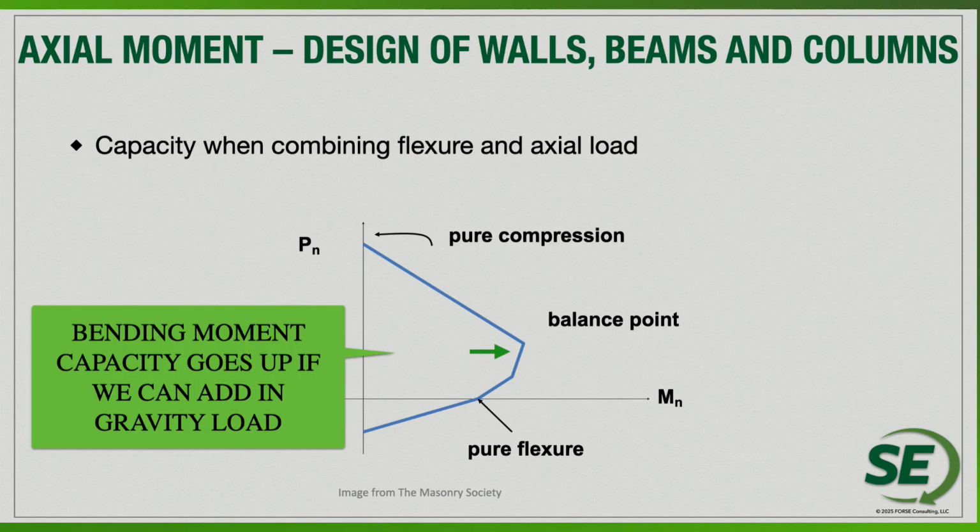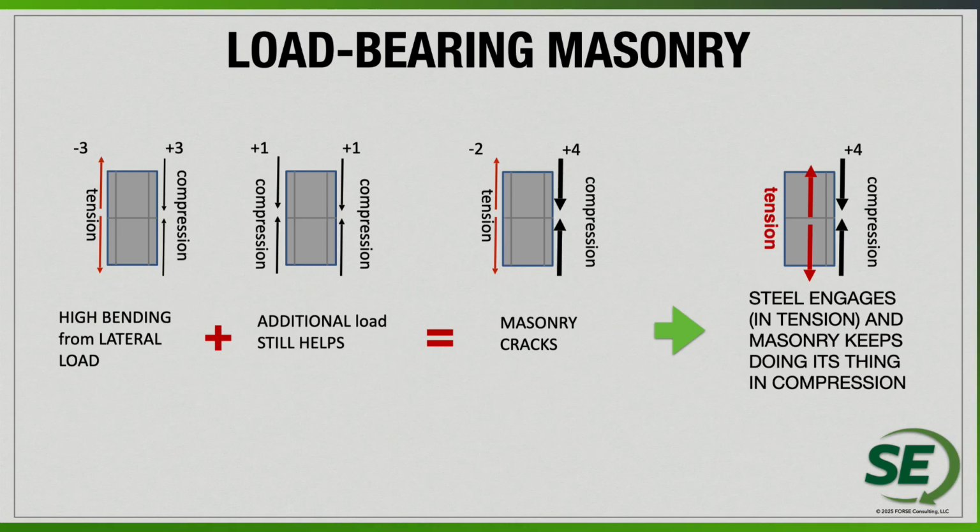So bending moment goes up if we add in some gravity loads. Again, looking at these diagrams, with the high lateral bending forces, anytime that you create some tension forces, adding in loads is certainly going to reduce some of the tensile demands and the overall force that you have.